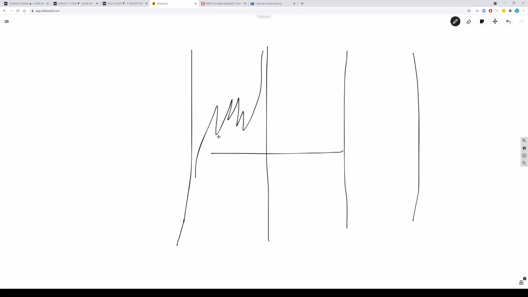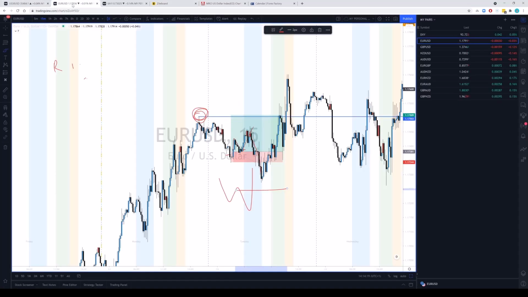The run on stops and then a continuation is going to give you a definable dealing range, that when price is pulling back, you can start using this low and that high as your optimal trade entry, looking for levels where price should potentially do what? Reverse. All right, let's show you an example on this.